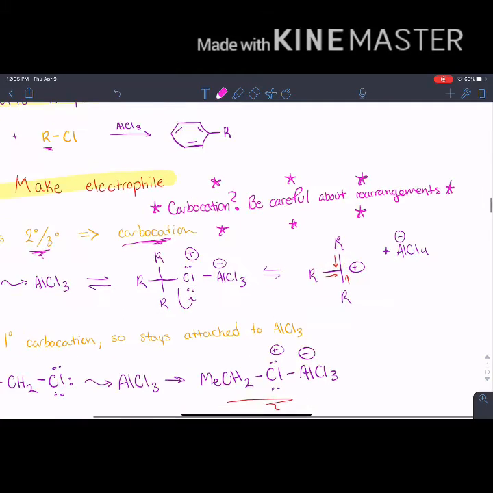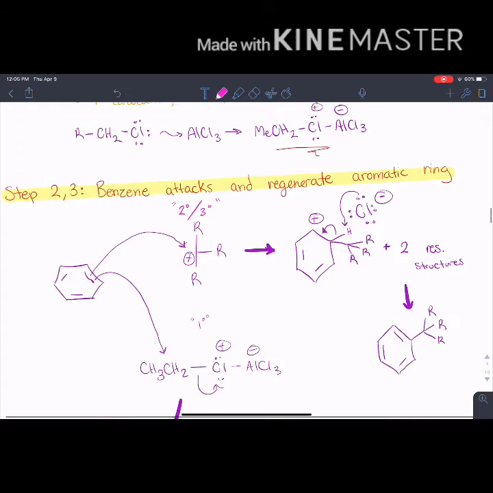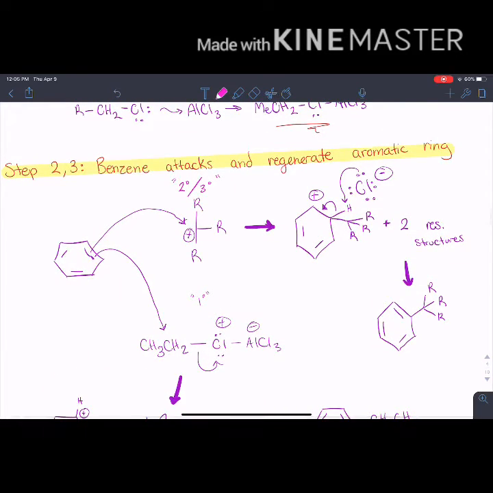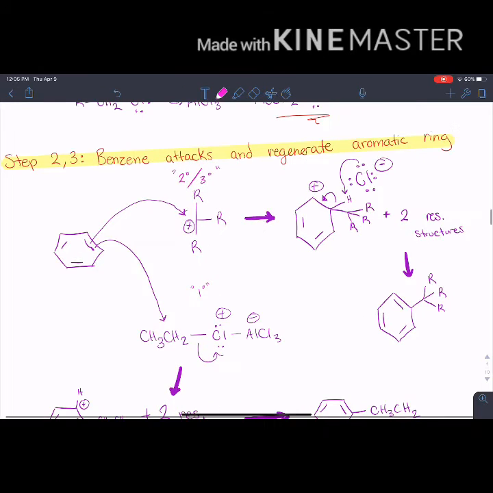Is something being rearranged? So you need to watch out for that. In this case, we have a tertiary carbocation, and it doesn't matter if something shifts because tertiary in this scenario is the most stable, so we don't have to worry about it.